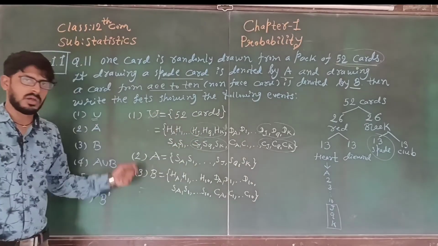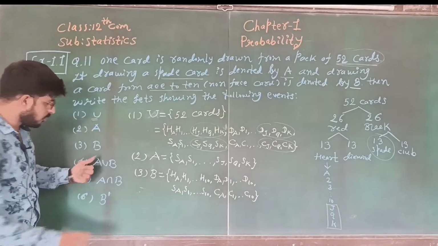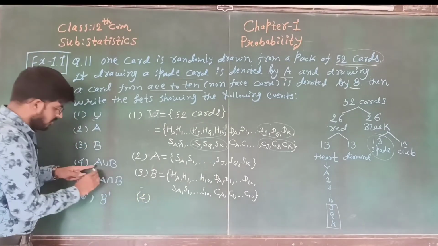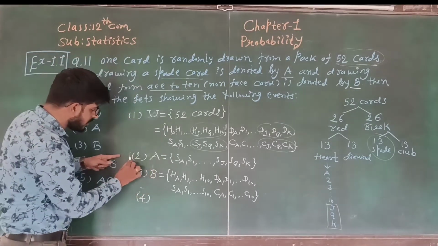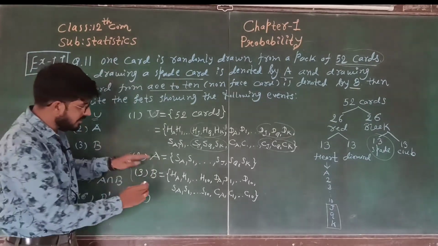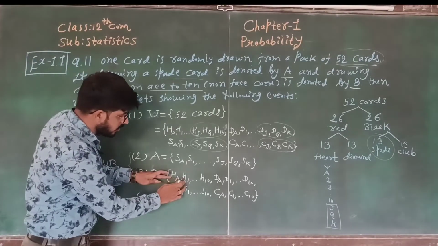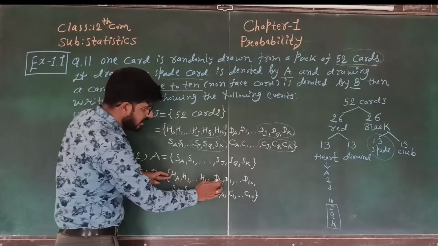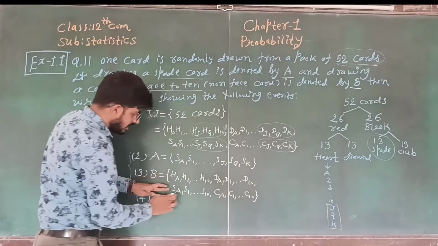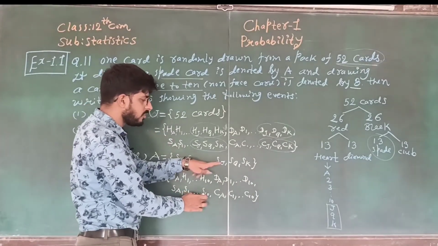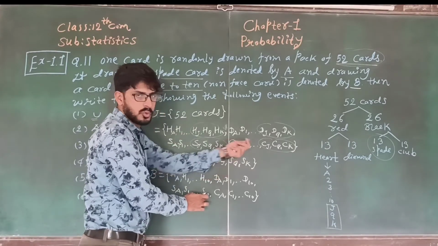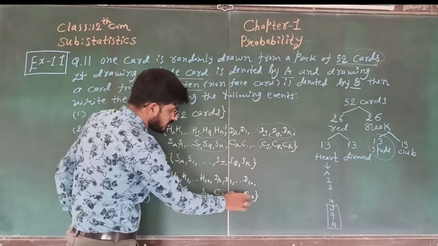It gives event B. Next, fourth number, find out A union B. So we are going to find the union of the given two sets. We get HA, H1 up to H10, DA, D1 to D10, then SA, S1 to S10, plus we have to include SJ, SQ, SK, and CA, C1 to C10.